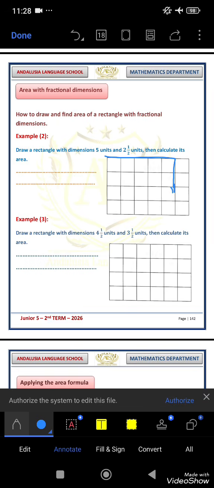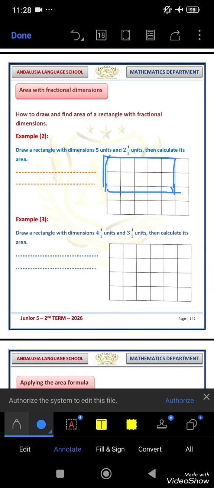So I will stop at half of the square, not the whole one, because I need half a unit, not only 1 unit. And complete it like this.